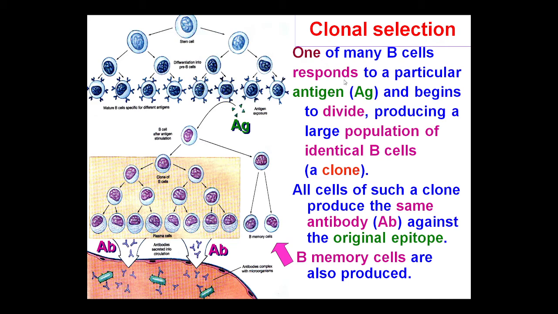So the B cell that responds to the particular antigen begins to divide, producing a population of identical B cells. These B cells are shown in the lower part of the slide. All these descendants of the first initial cell selected by this antigen form the clone, and most of the cells of this clone, after multiple divisions, demonstrate transformation of B cells into plasma cells.